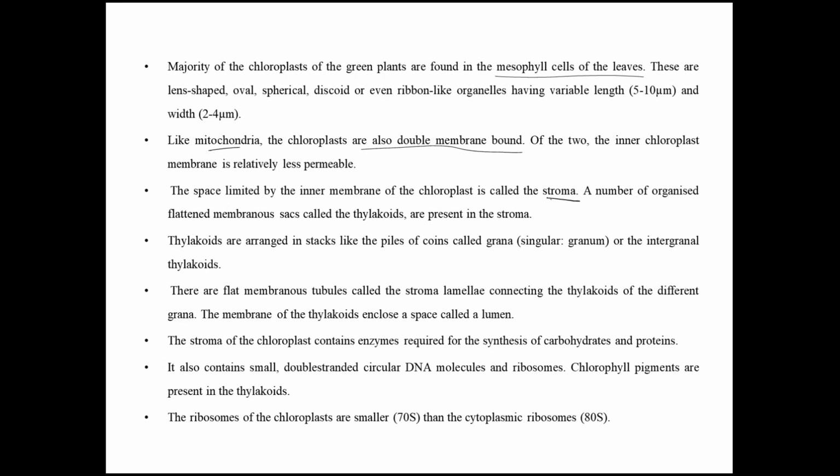The stroma of the chloroplast contains enzymes required for the synthesis of carbohydrates and protein. The chloroplast also contains circular DNA molecules and ribosomes. The ribosomes of chloroplast are smaller, 70S, and the cytoplasmic ribosomes are 80S.